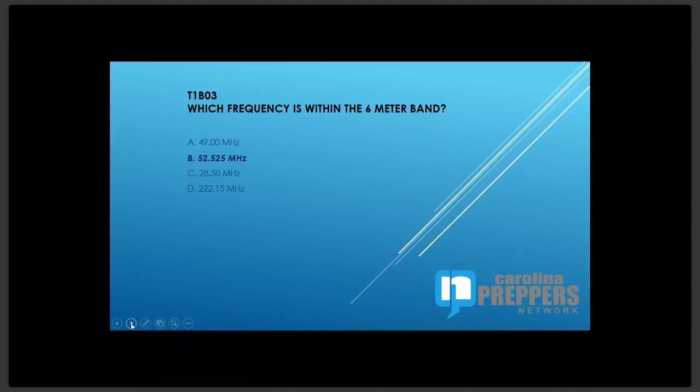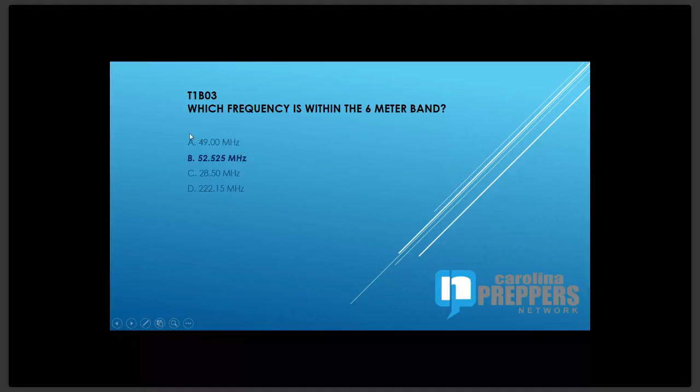So what frequency is within the 6 meter band? Well, whenever they give you a band, divide 300 by that number, I'm sorry. Divide 300 by that number. So in this case, 300 divided by 6 comes out to 50 megahertz.